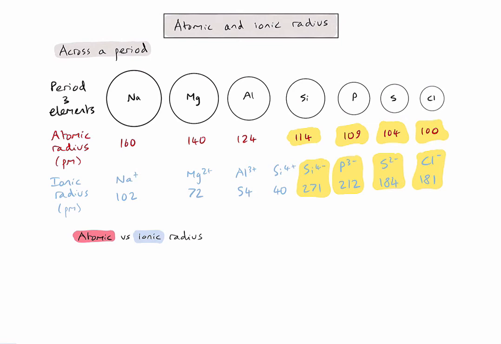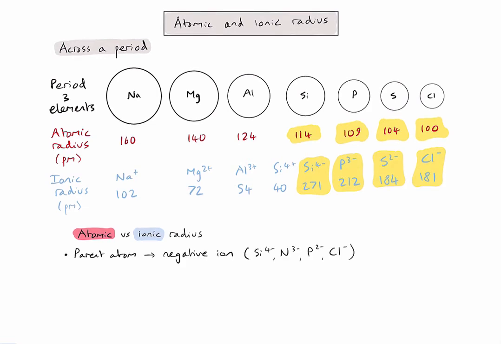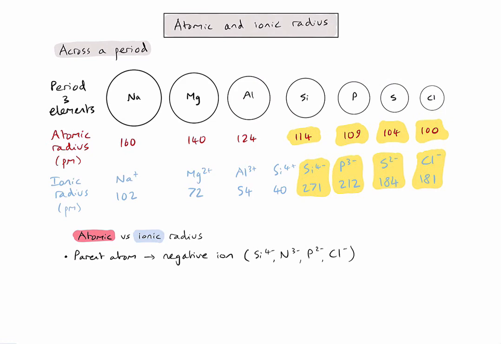What then about the formation of negative ions from an atom? Well, in this case I can see that negative ions always seem to have much greater radii compared to their parent atoms. To explain this, we need to consider that adding another electron to the valence energy level is going to increase the amount of repulsion between the electrons in that energy level.